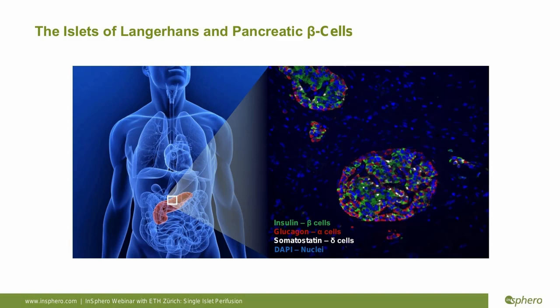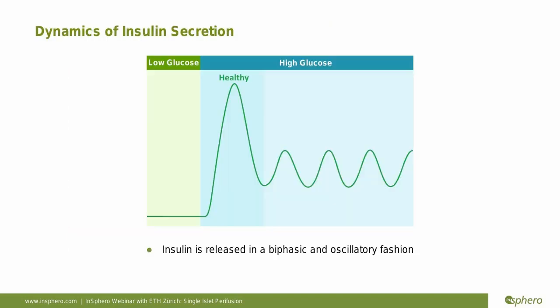But there exist other endocrine cell types in the pancreas as well. The loss of insulin-producing beta cells, or insufficient secretion of insulin from these cells, leads to the most common metabolic disease of mankind, diabetes.